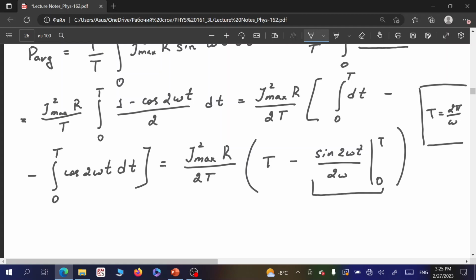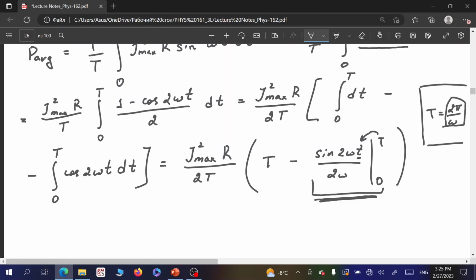And now looking at this, what will this term be equal to when we apply this period instead of time, and take into account that it is 2 pi over omega.